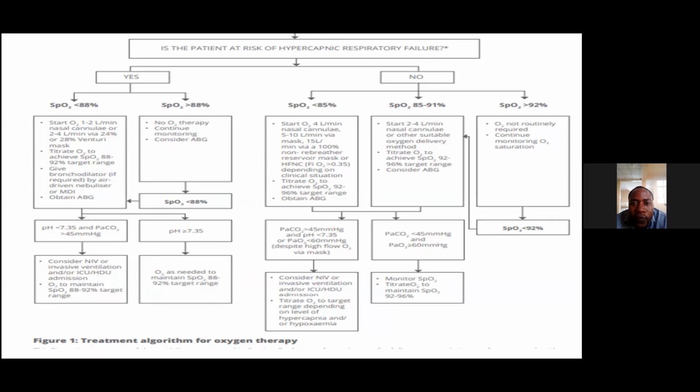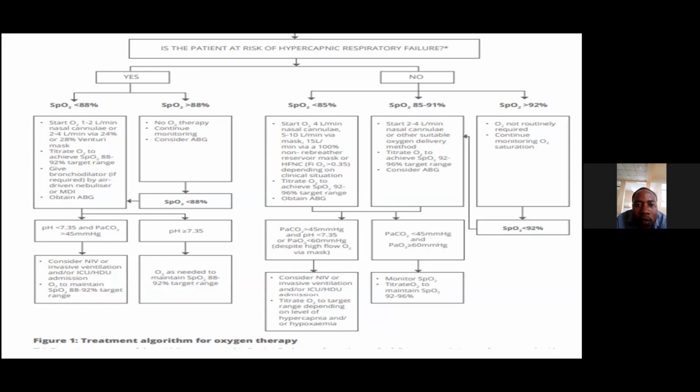So if the answer to that question is yes, you have to see if the saturation is less than 88. If it is less than 88, start with nasal cannula or nasal prongs with 1 to 4 liters and see if you can achieve your goals.